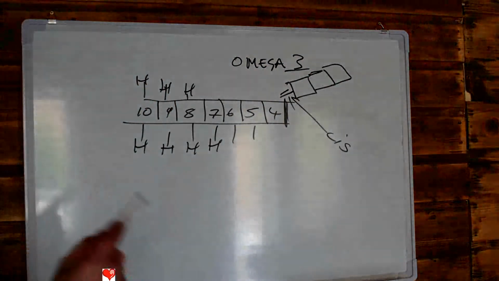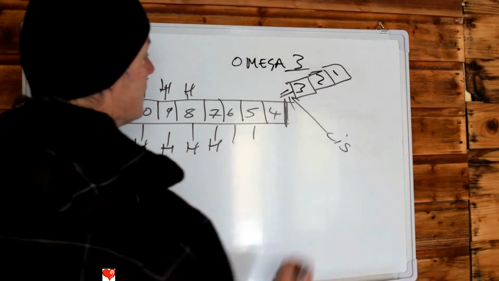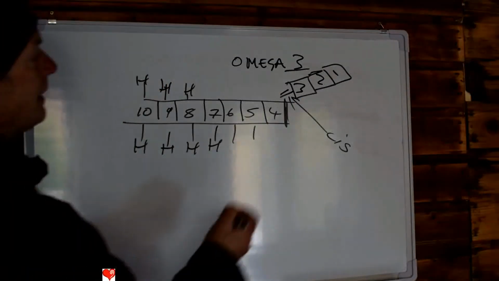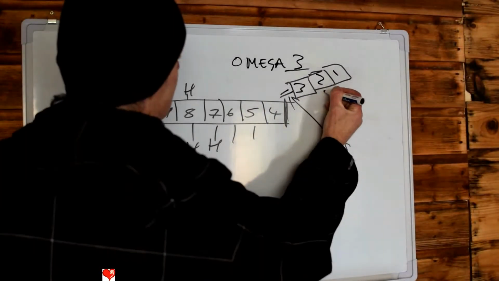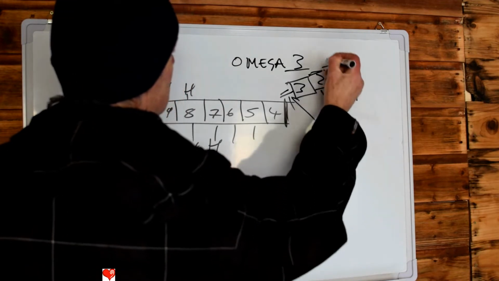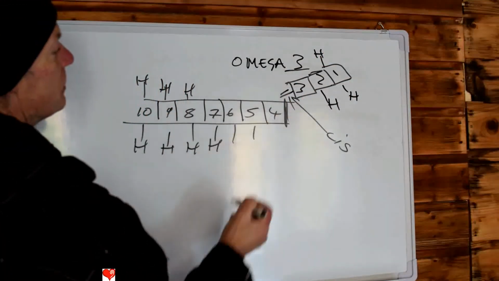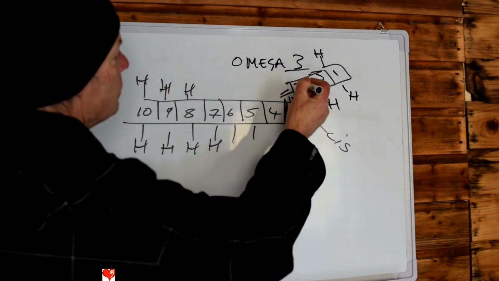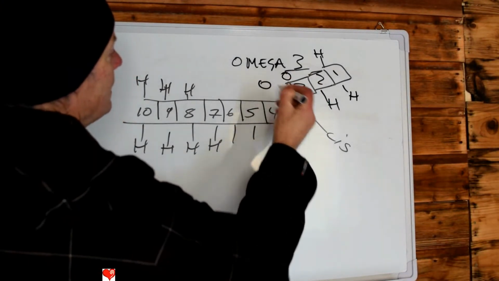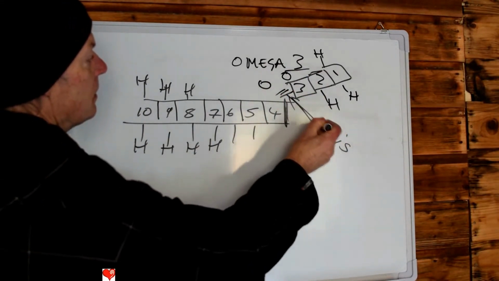Because the CIS bond is 1, 2, 3 in. Okay? Here it lacks. There are no hydrogens. Okay? The hydrogens here and here are missing, either side of the CIS bond.